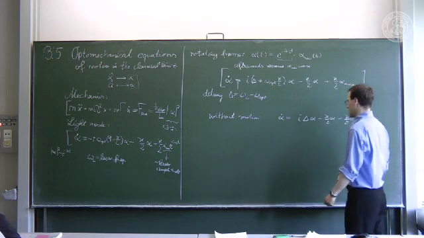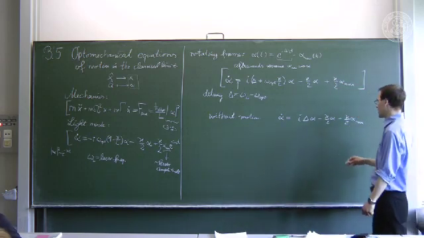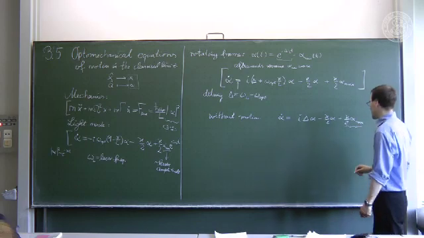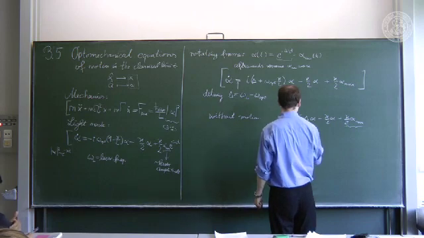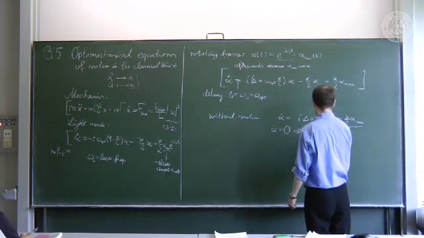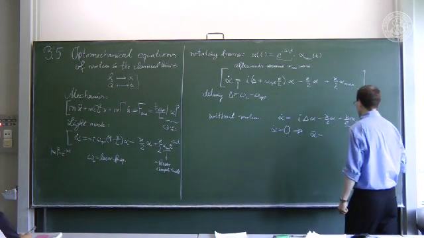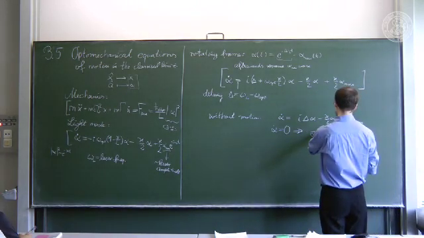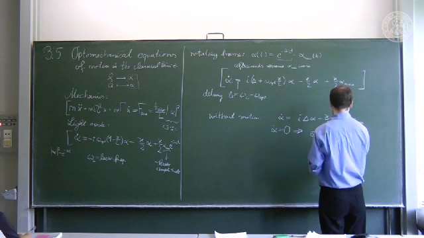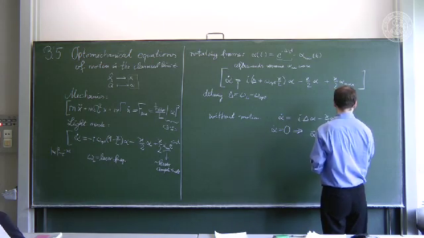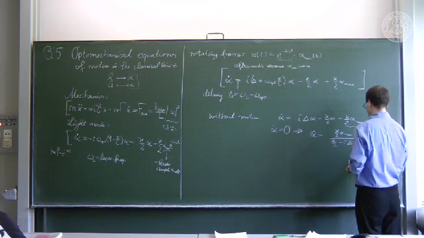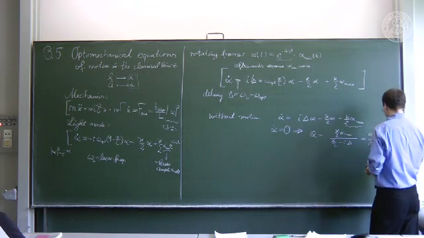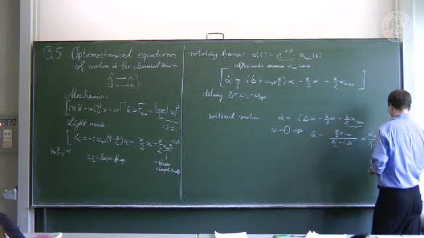It will relax to some steady state value. The steady state value will not be 0 because of the driving term alpha max. So I can simply solve this equation alpha dot equals 0 for the steady state value, and I will find that alpha bar, the steady state value, equals, so I want to bring this to the left hand side, I have kappa half alpha max divided by kappa half minus i delta, or in other words alpha max divided by 1 minus i delta over kappa half.